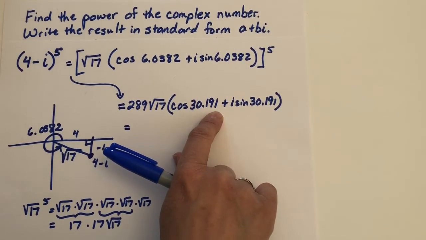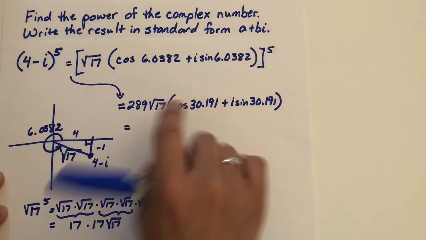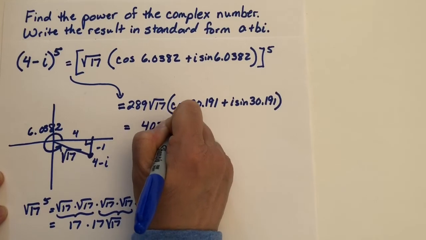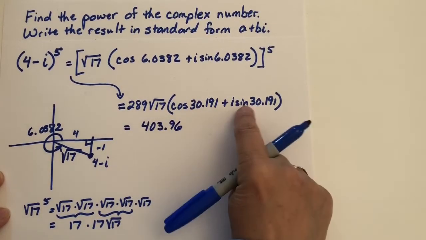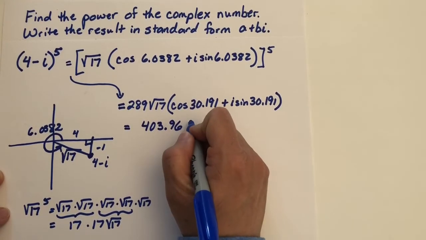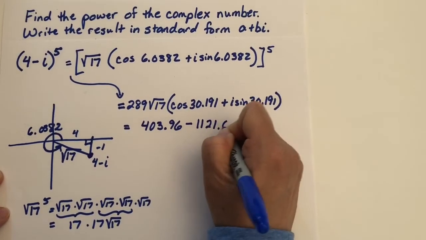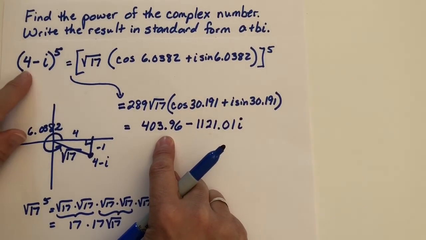You would get an answer that looks like this. 289 square root of 17 times this number is 403.96. Distribute this number to the i sine 30.191 and you would get minus 1121.01 i, which is pretty darn close to the exact value for this.